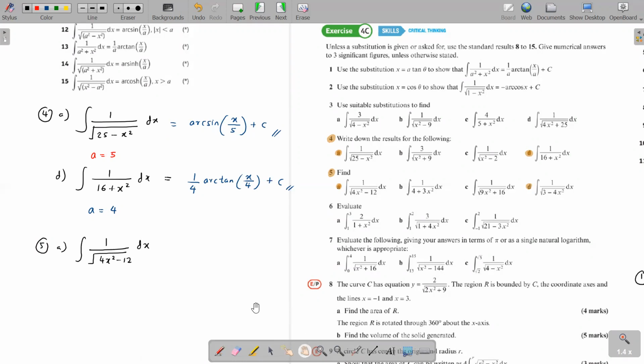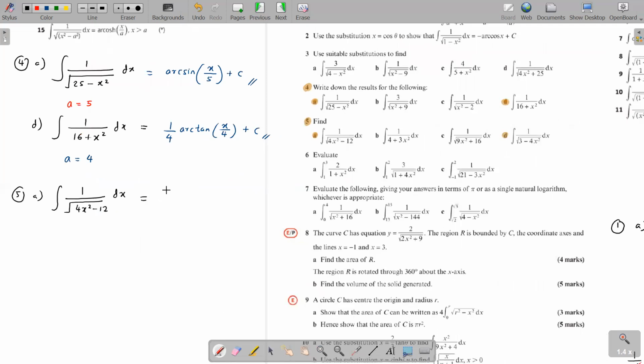So you have to get rid of the 4 first of all. When you remove the 4 inside the root, we get x square minus 3. You can take the 4 out of the root, it comes as a 2. So basically it becomes a half, 1 over root x square minus 3.